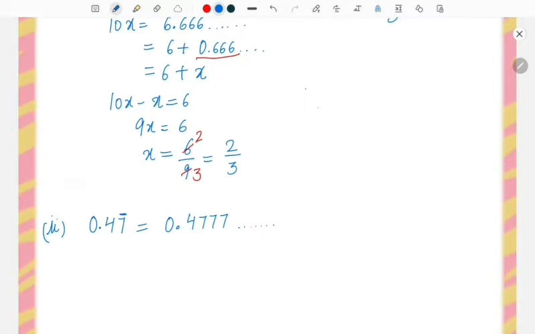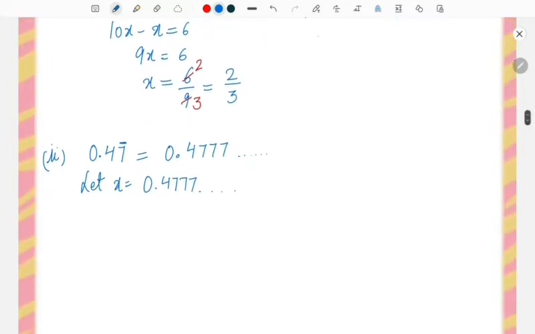What are we going to do? We are going to again let x be equal to 0.477. Okay, because there are two numbers after the decimal point, right? What are we going to do? We are going to multiply both sides by 100. किससे multiply करेंगे हम?